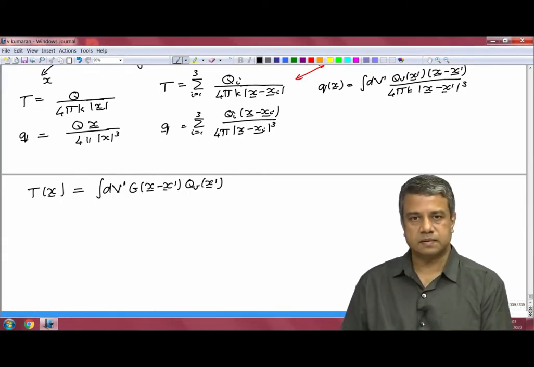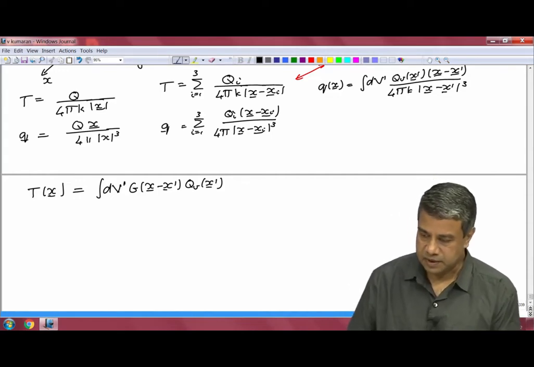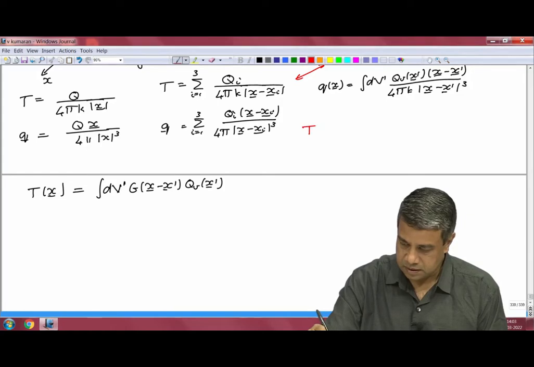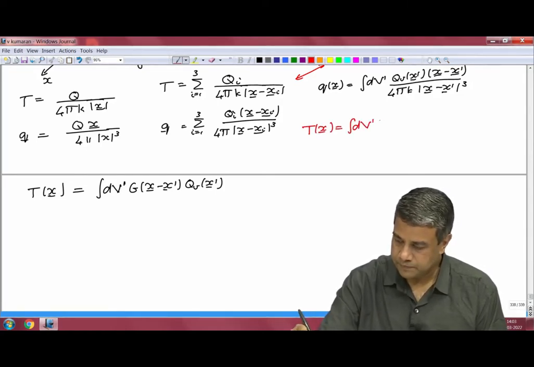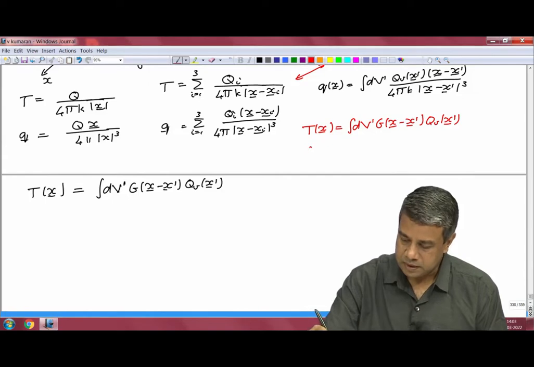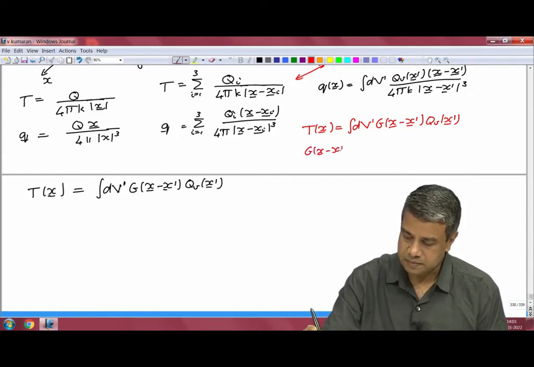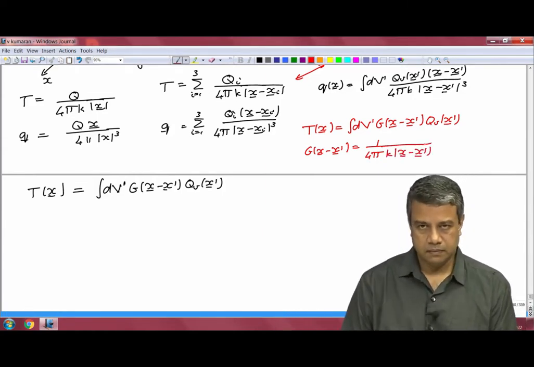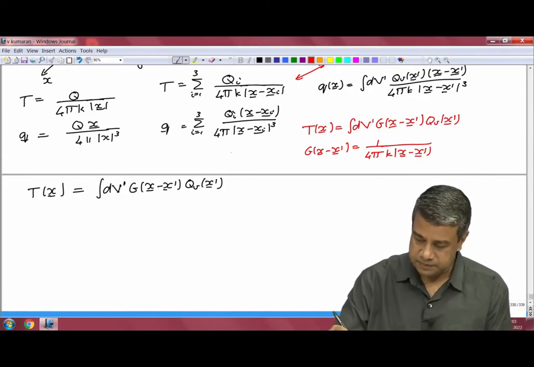So, let me just put that in here, where g of x minus x prime is equal to 1 by 4 pi k into x minus x prime. This is called the Green's function.